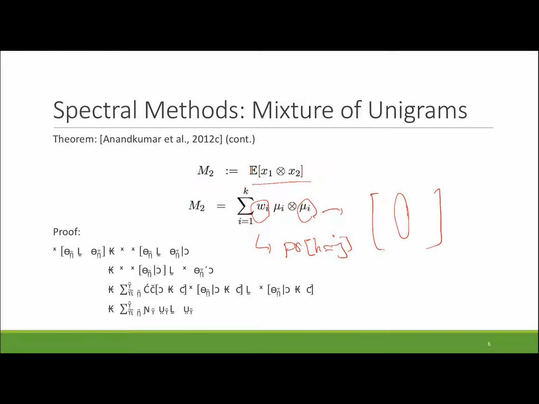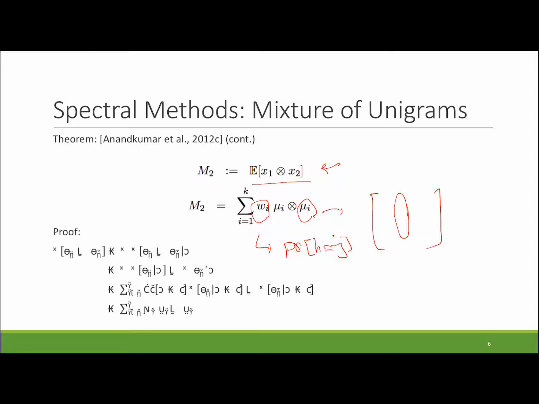So what does this tell us? This tells us that if I am able to estimate this cross moment and then decompose it into its rank 1 components, then I am going to recover the topic word matrix and the probability of each topic, which is basically what I wanted in the first place, right?